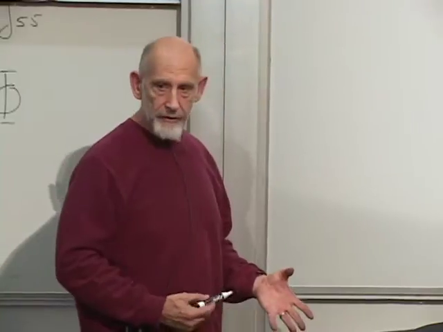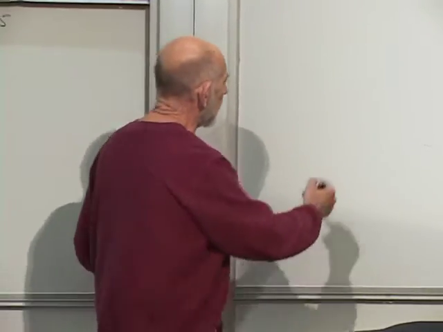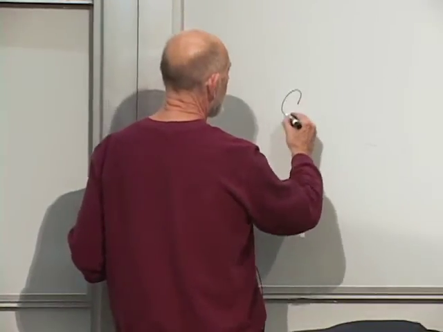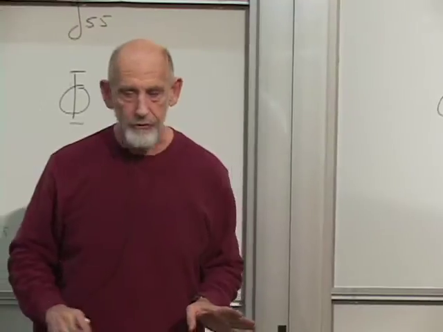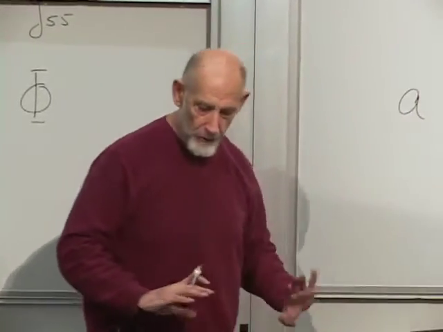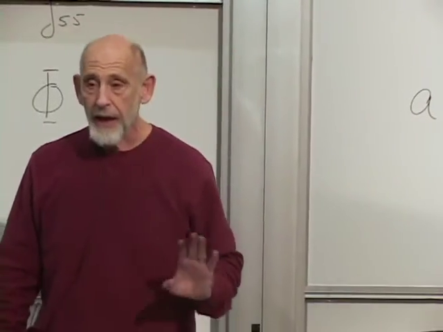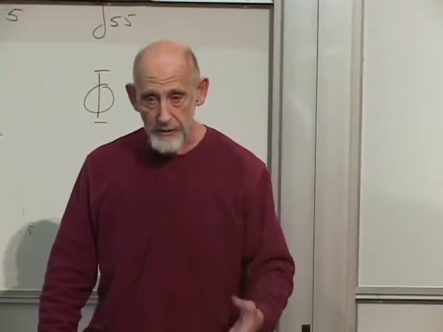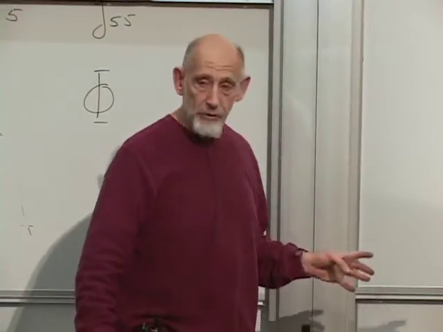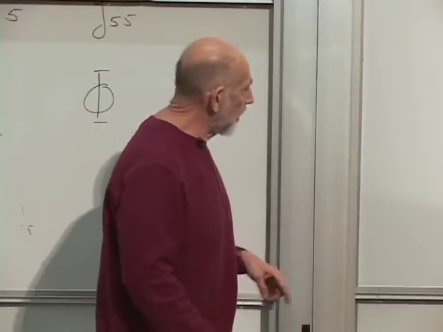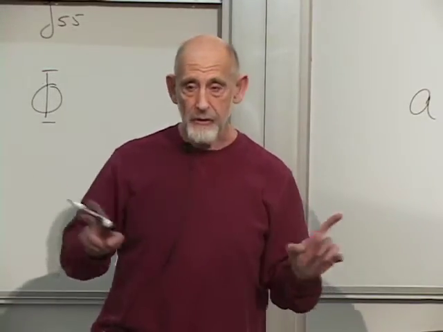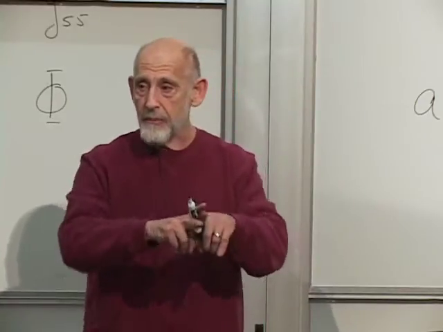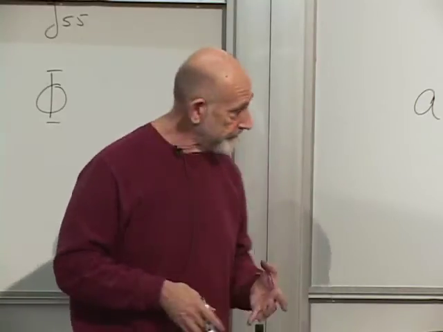These are closed strings. Let me just remind you what kind of operators there are. There are creation and annihilation operators. I'll just think about creation operators. And I won't put a little plus because we'll wind up with too many indices. A creates a unit of excitation. What labels it? Well, first of all, the A's are labeled by directions of space perpendicular to the momentum of the string.